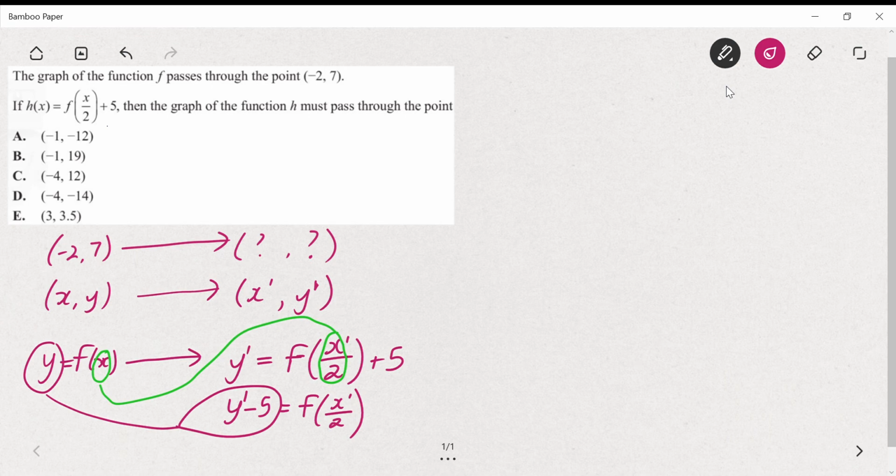So we've got y equaling y prime minus 5, and we've got our x equaling x prime on 2. All right, well, that's y plus 5 is equal to y prime, and 2x is equal to x prime.